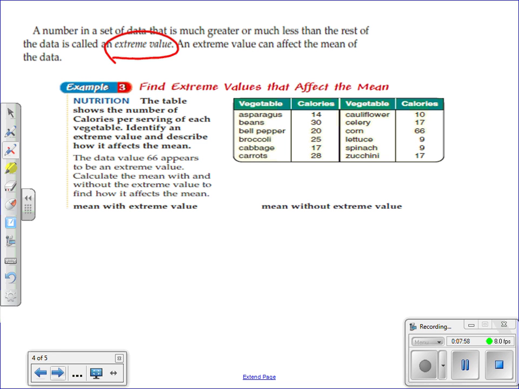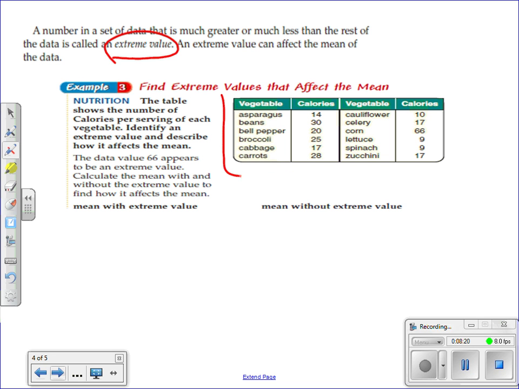I think we talked about this, right? It's all the boys in your class, and then, who could we have? Oh, we can have Mr. Booth on our team. He's going to change our average tremendously. So that would be an extreme value in our set of data.